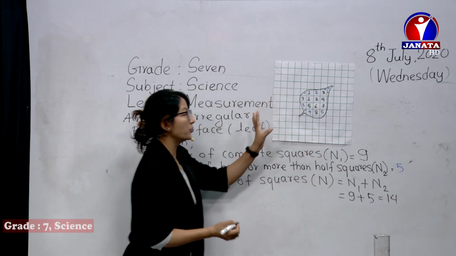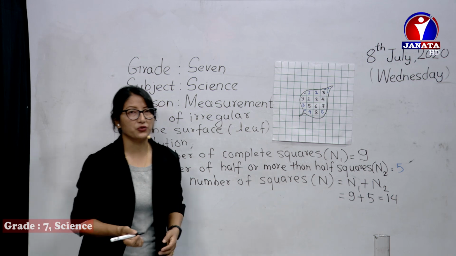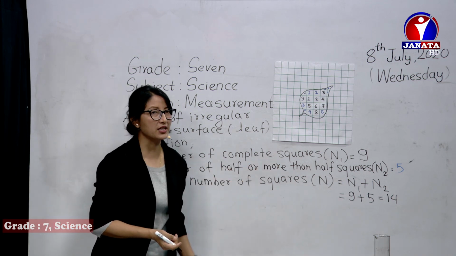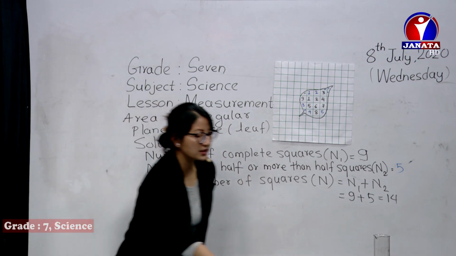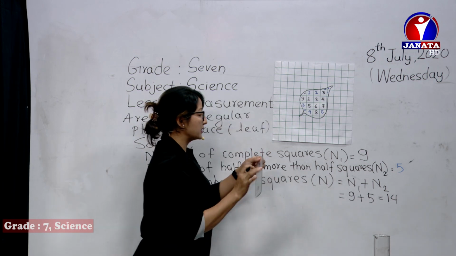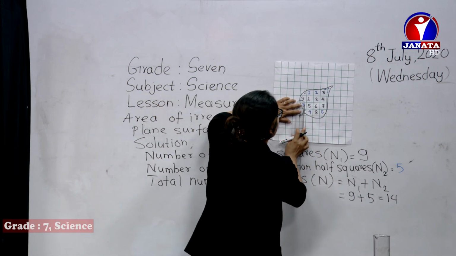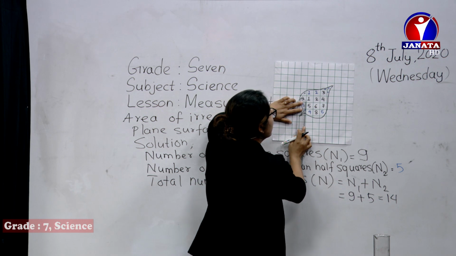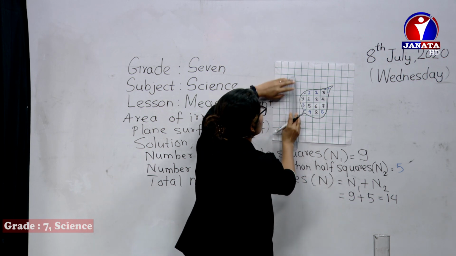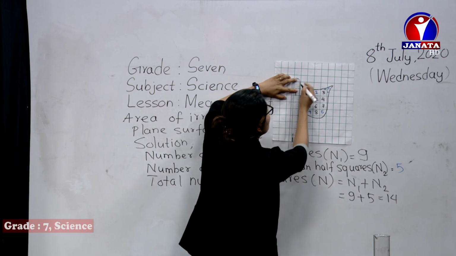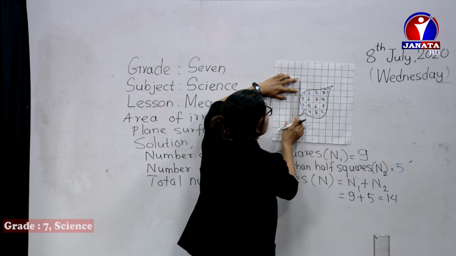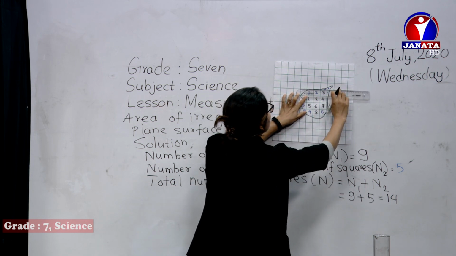So the total number of squares covered by the plane surface of this leaf is 14. Now if it's 14, we can just take the scale and measure the length of one square. It's exactly 3 centimeters. 3 centimeters length and 3 centimeters breadth.